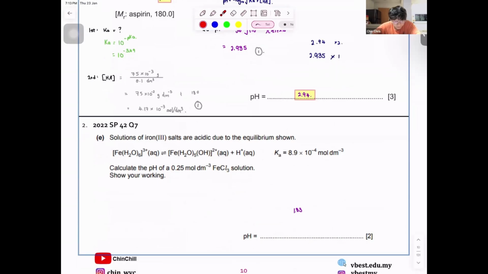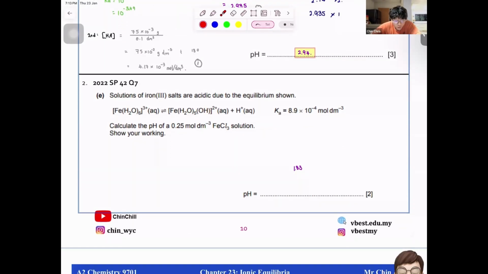Okay, guys, next. Acidic due to the equation, pH of a 0.25 of FeCl3, right? FeCl3 is here. Okay, so guys, show your working. I can say that Ka equals, you can just write it as H plus times A minus over HA.